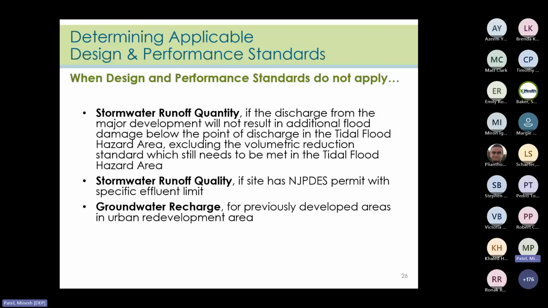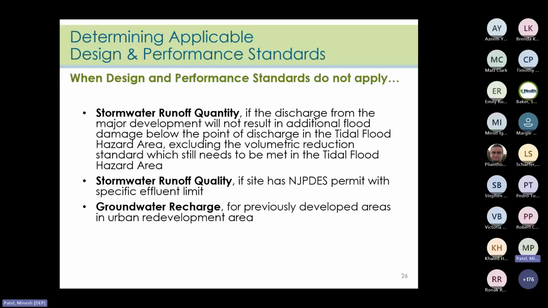These specific exemptions were discussed earlier in Module 1. Water quantity at 7:8-5.6b 1, 2, and 3. They're exempt if the discharge from the major development will not result in additional flood damage below the point of discharge in the tidal flood hazard area, excluding the volumetric reduction standards, which still need to be met in the tidal flood hazard area.